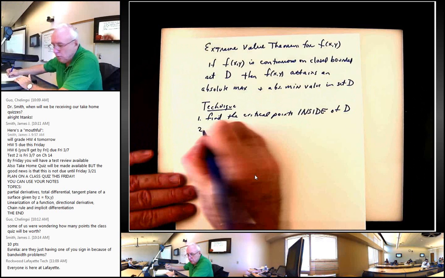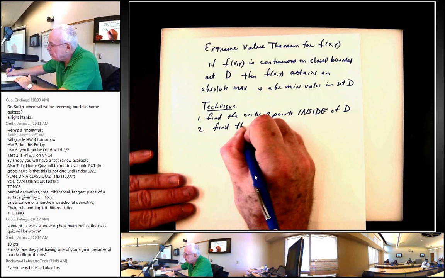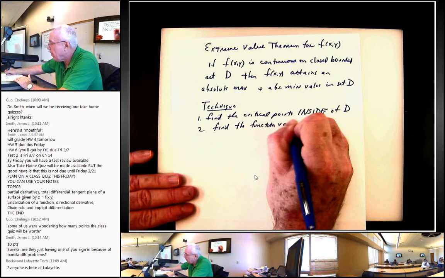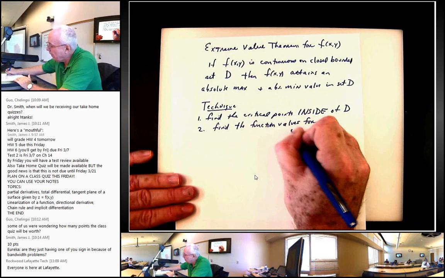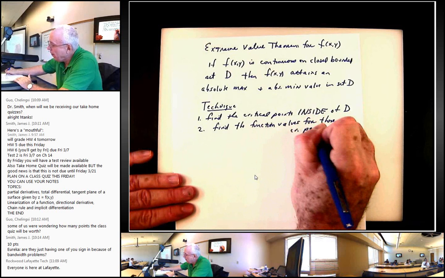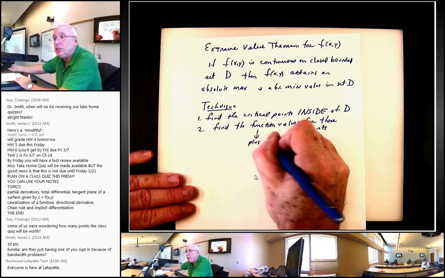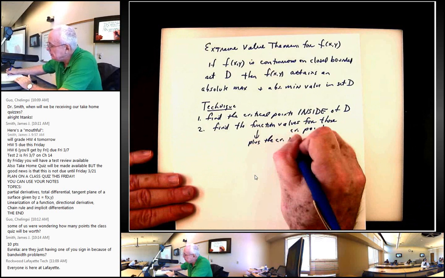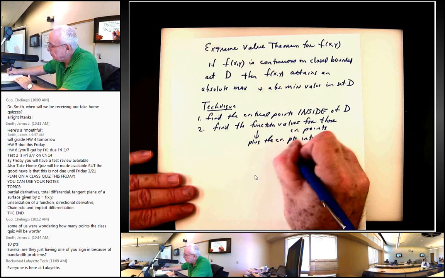And then you find the function values for those critical points. In other words, you plug the critical points into your original function.